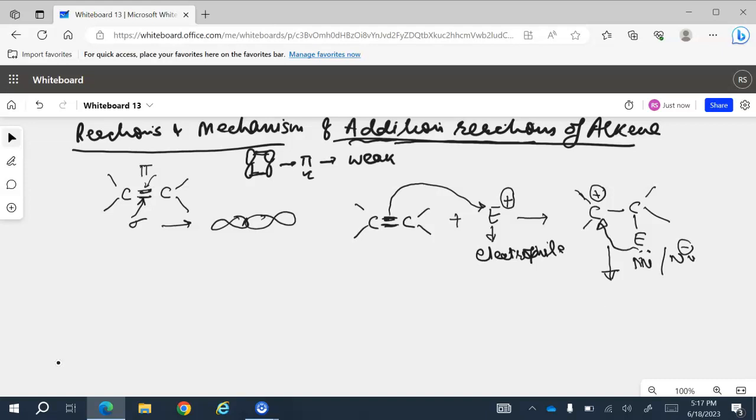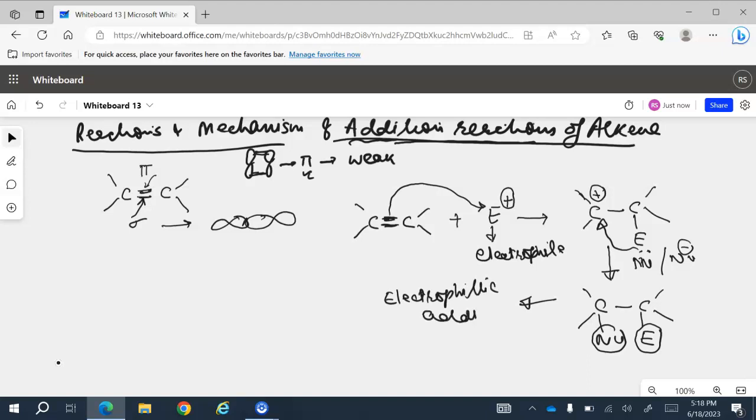So the nucleophile is added to one carbon, and the electrophile is added to another carbon. That is how the pi bond will break and generate two new sigma bonds, by addition of the electrophile on one carbon and the nucleophile on the other carbon. Therefore, this type of reaction we call an electrophilic addition reaction.